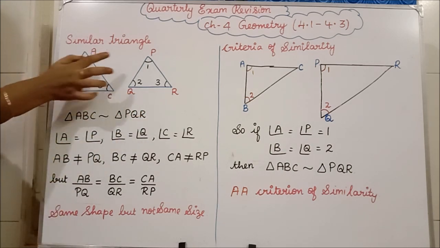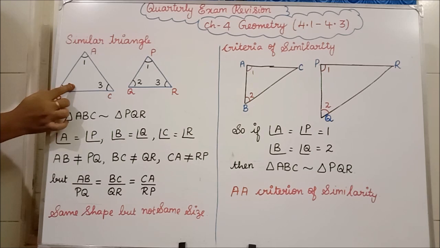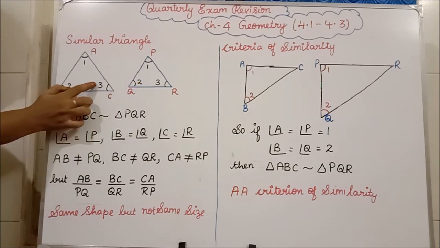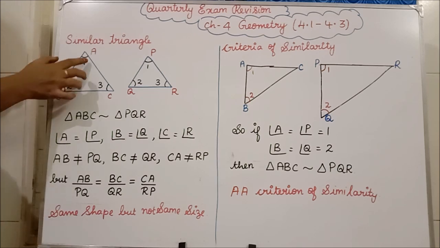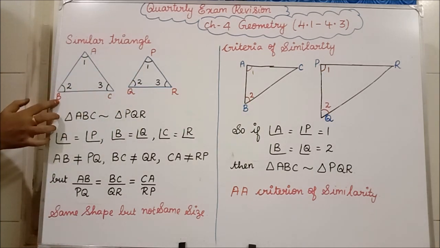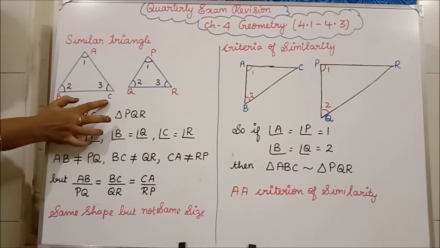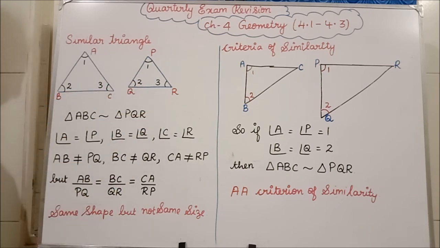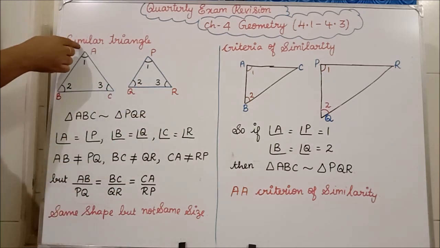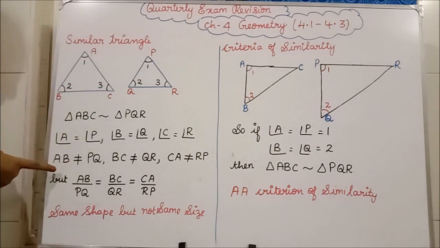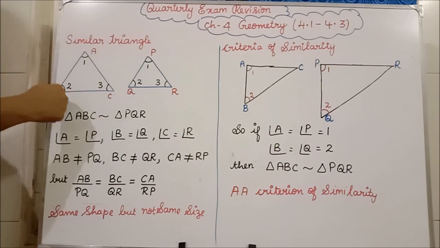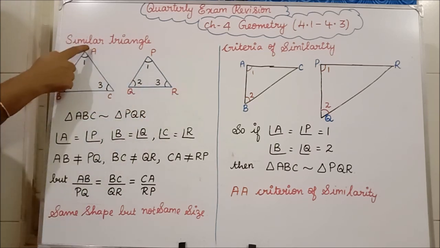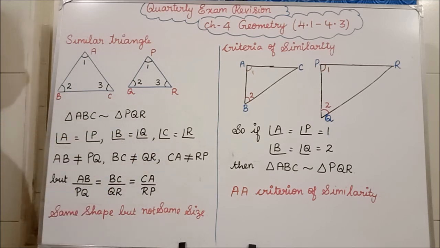See, here angle 1, here also angle 1, here angle 2, here also angle 2, here angle 3 and here also angle 3. So I can say angle A is equal to angle P, angle B is equal to angle Q, angle C is equal to angle R. But the lengths will not be the same. So AB is not equal to PQ, BC is not equal to QR, AC is not equal to PR.